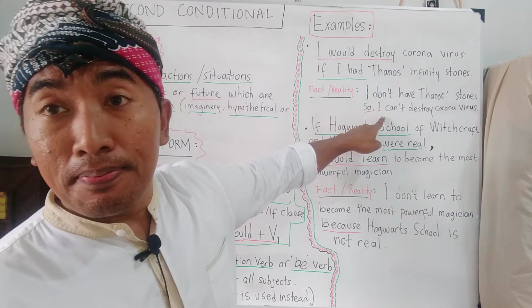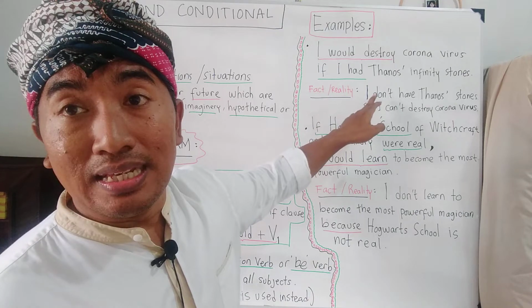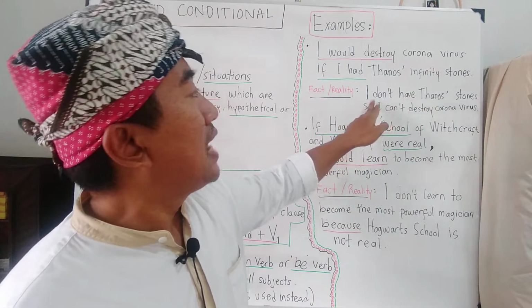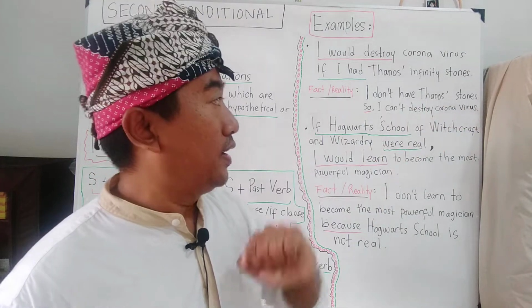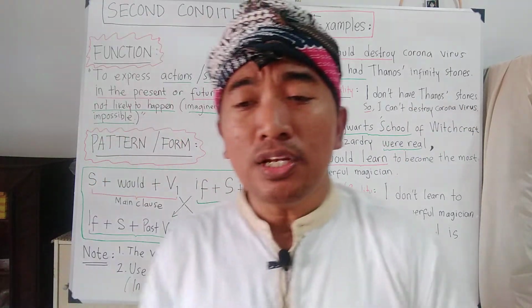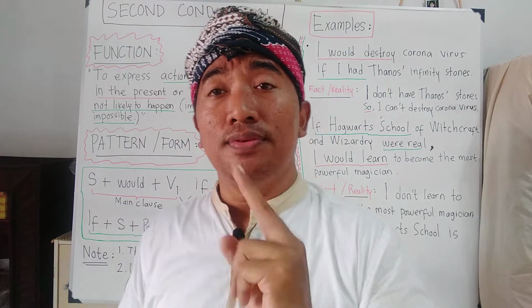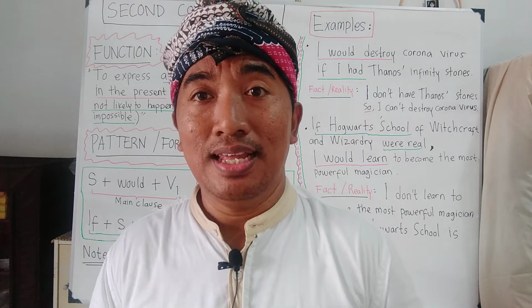The pattern of the reality is all using the present form. See, I don't have Thanos' stones, and so I can't destroy coronavirus, right? Now, in order to make it clearer, I will give you the second example of how to use the pattern in sentences. Let's have a look.